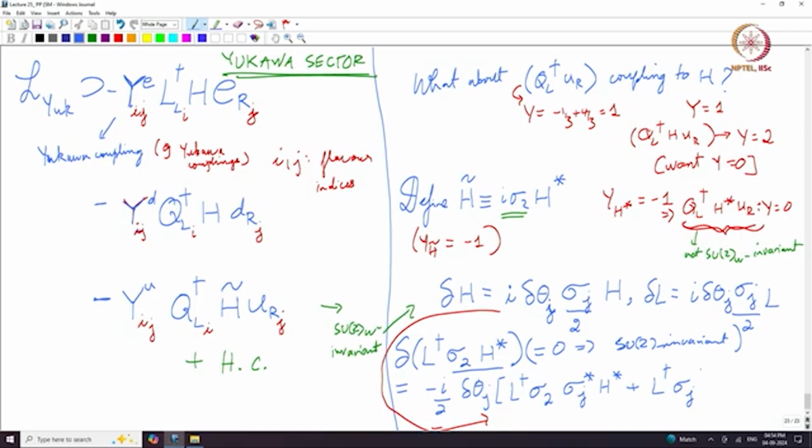Not only that, I have to write the sigma j dagger term. You see what I've done here? Basically, I've rewritten the transformation in this way. The columns have become rows, okay? And the other term goes along for a ride.